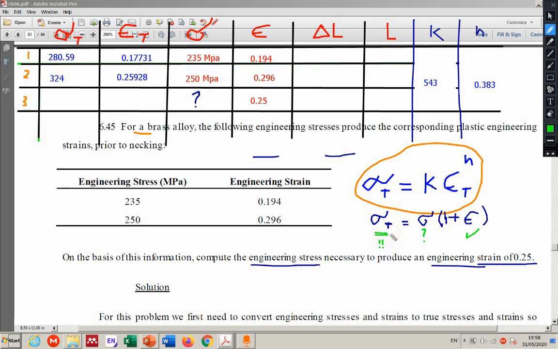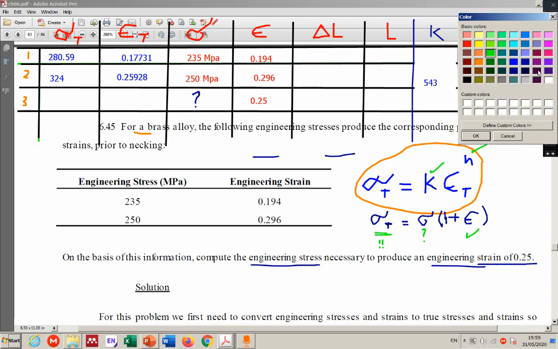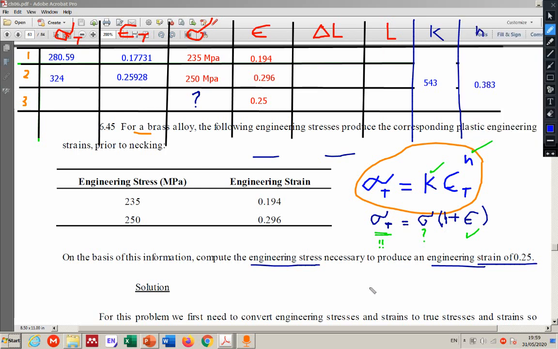How can I find this true stress? The only way that I can find true stress is by this equation. I have K, I have N, but do I have true strain? I don't have true strain again. Can I find this true strain using the relation we know? True strain can easily be found by knowing an engineering strain, because the relation between them is ln 1 plus.